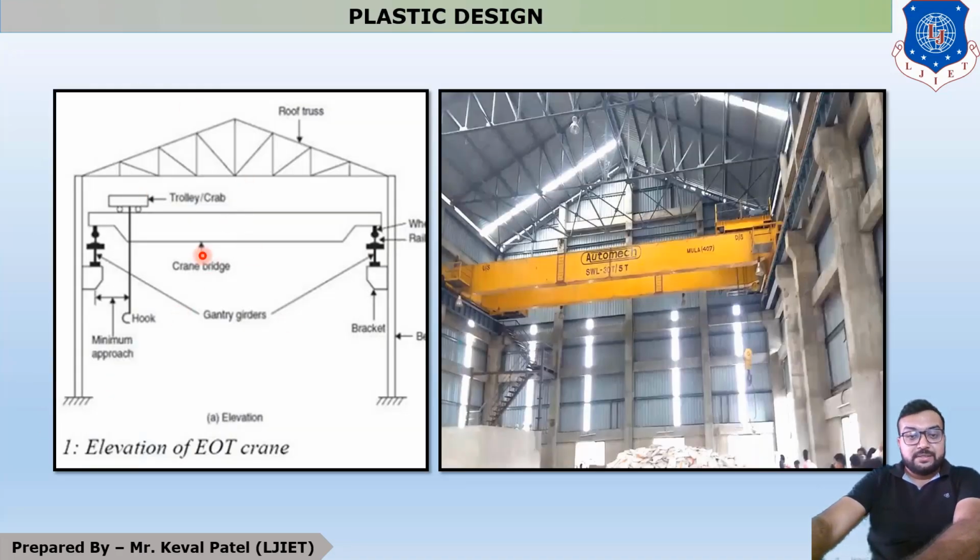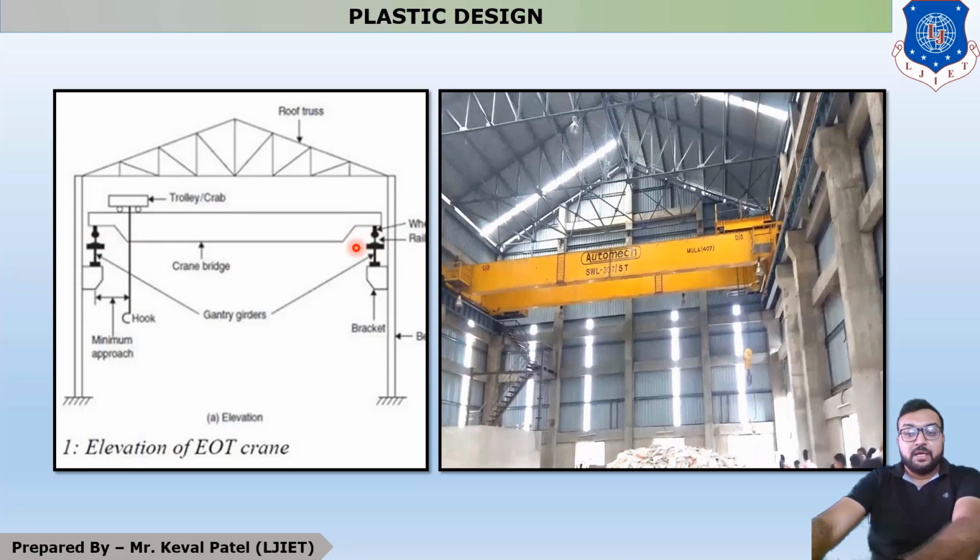So this is the figure of one industrial building, in which this is your steel column and this is your column bracket. This distance is called the minimum hook approach, because your trolley does not move left of this point. Similarly, this is also your minimum hook approach.